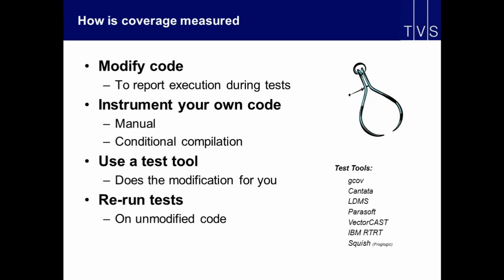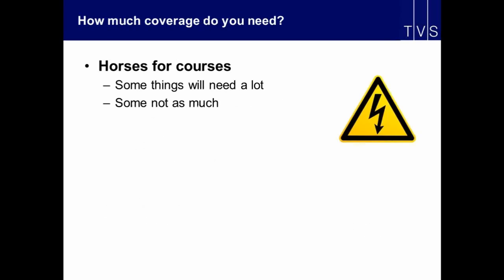So use a test tool, and remember, if you're using a test tool, then you can actually rerun the tests without the instrumentation, so that you're testing the actual code rather than the instrumented code. So run first with instrumentation and second without. How much coverage should you aim for? It sort of depends on your system. Some things will need a lot, some things will need less, maybe.